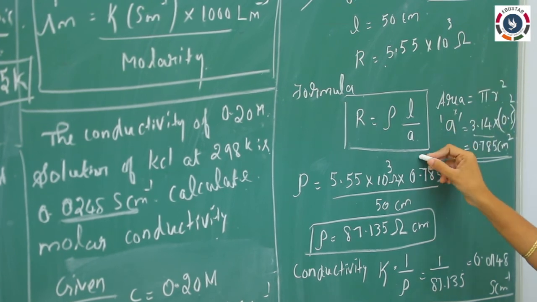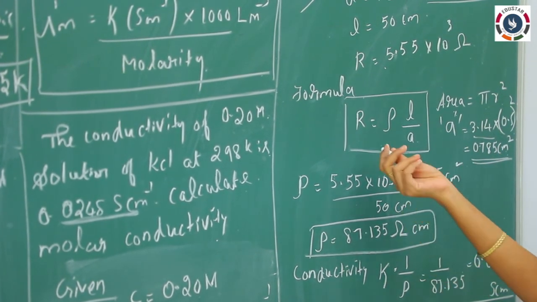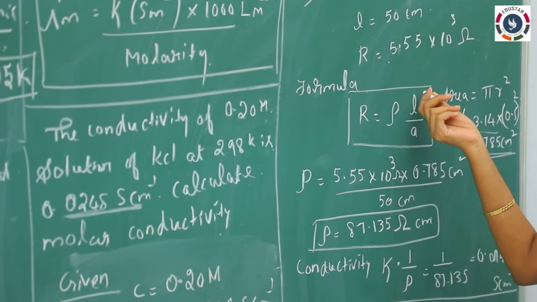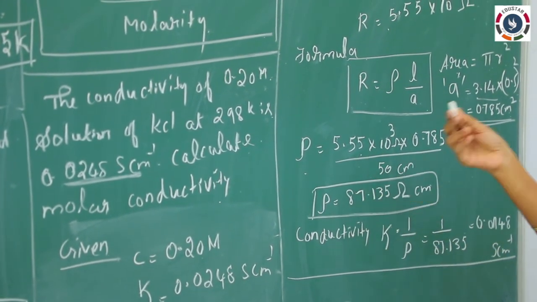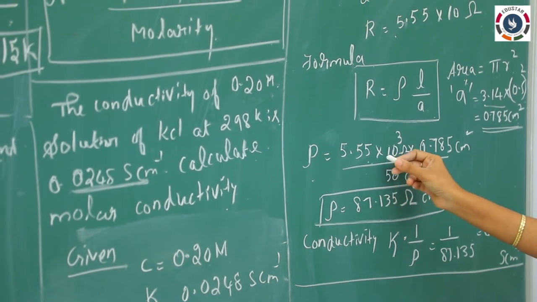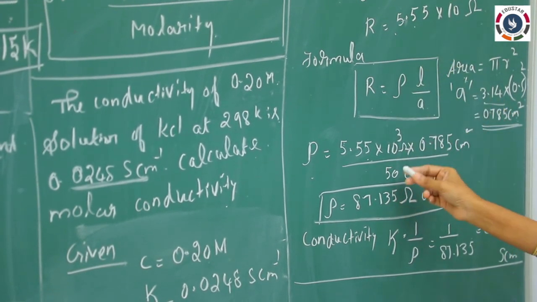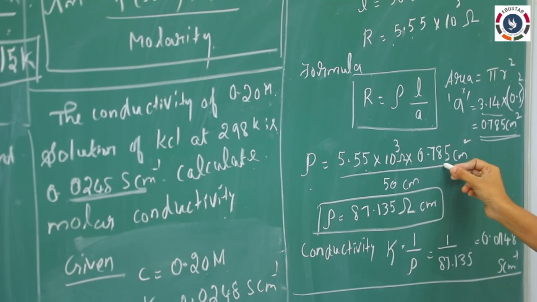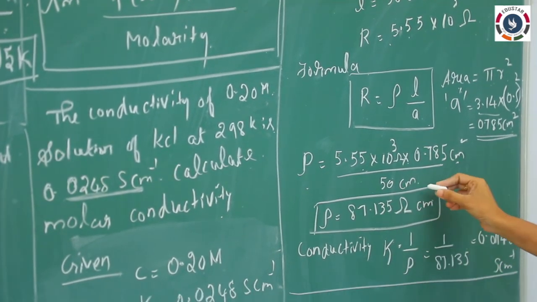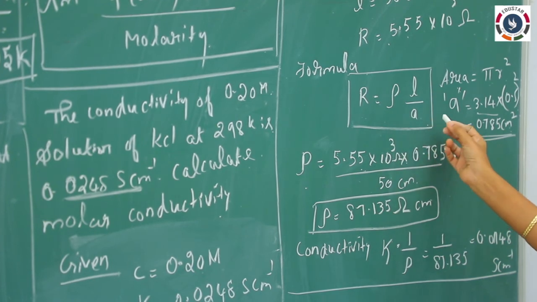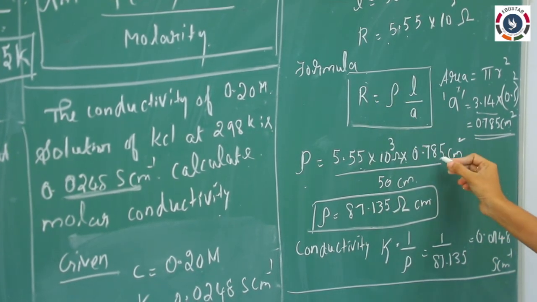What is the formula to find out the resistivity? R is equal to rho into L by A. So, rho is equal to the resistance value I have written, that is 5.55 into 10 to the power of 3 into 0.785 divided by 50, that is the length. For finding rho, this A comes into the numerator.